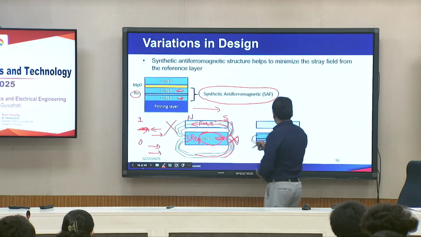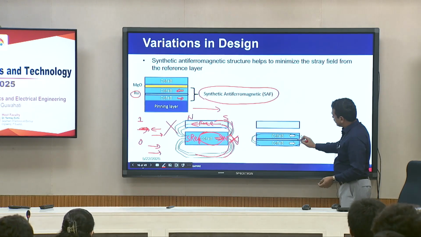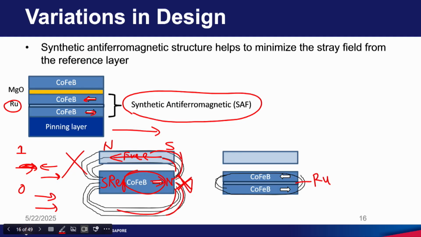So, when we have that synthetic antiferromagnetism set here with a ruthenium layer or iridium layer, now these 2 layers are antiparallel in direction, and you can notice that this is like north south. Okay. So, this is stable, the magnetic field from this layer will go into this layer, the magnetic field from this side will go here. Okay. So, none of this field will go to the free layer.